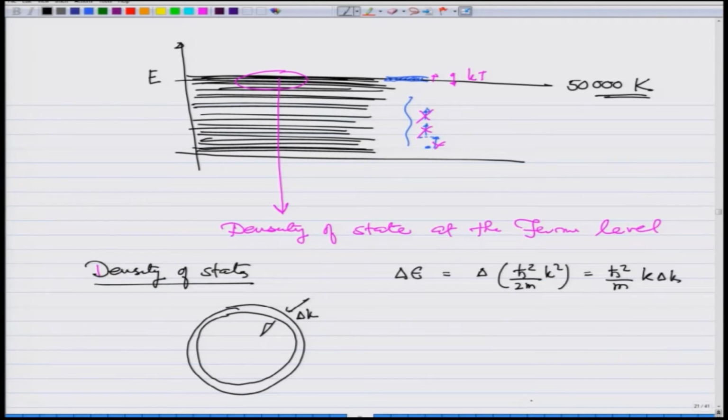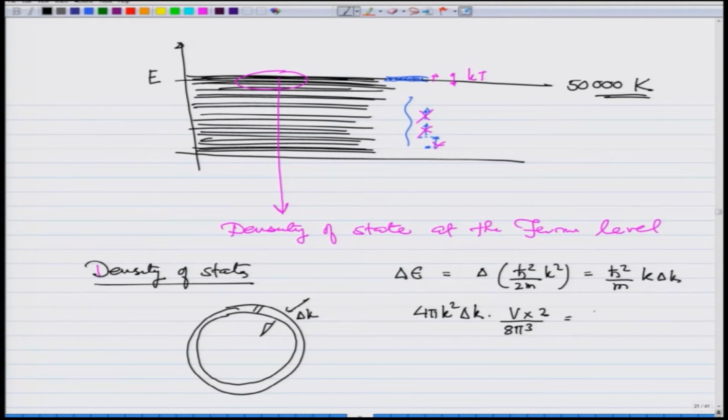And the number of states, including the spin, between these two is going to be 4 pi k square delta k times V over 8 pi cubed times 2.